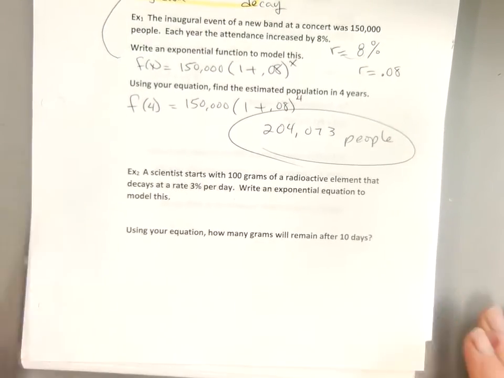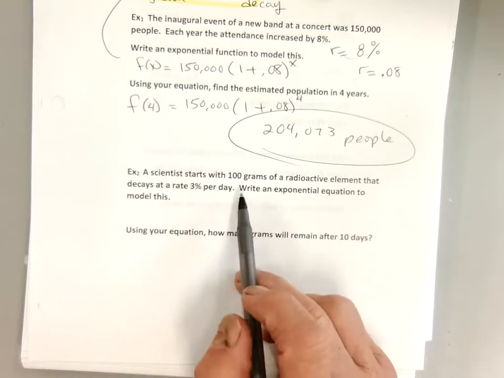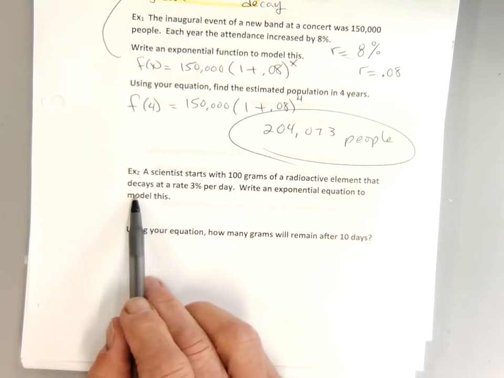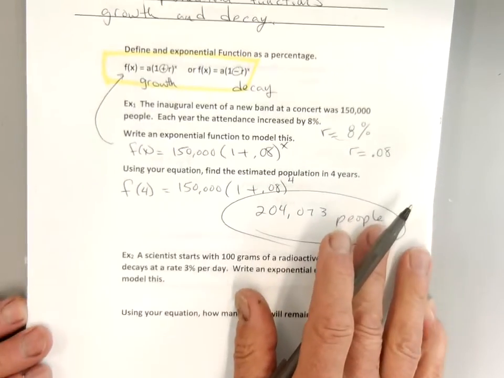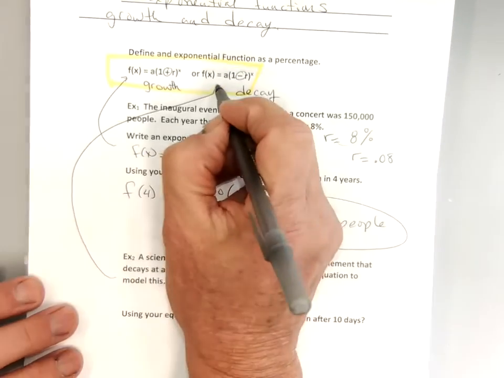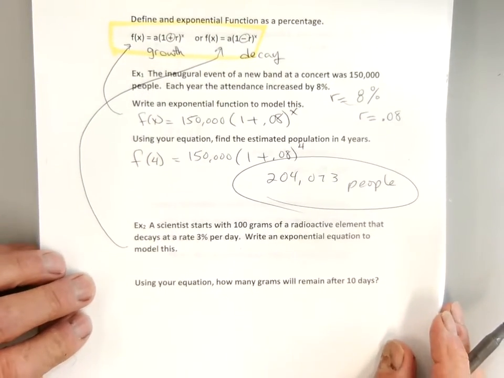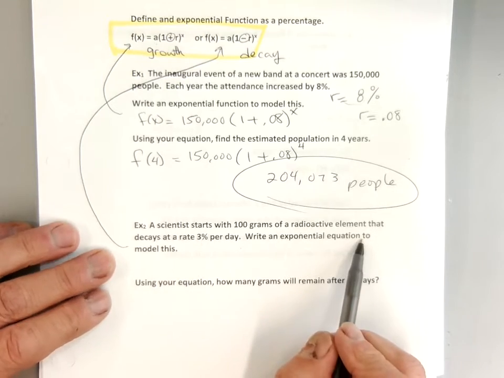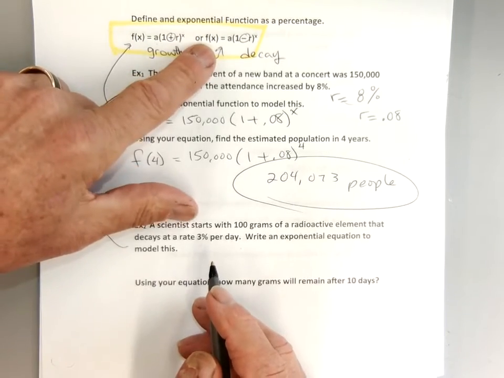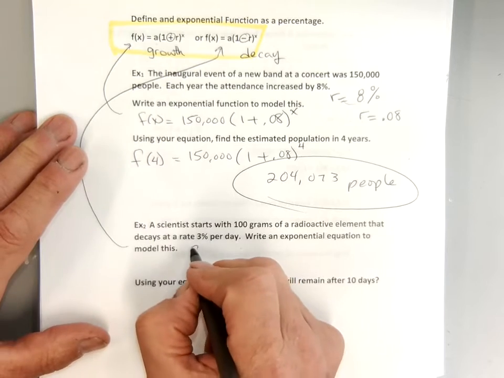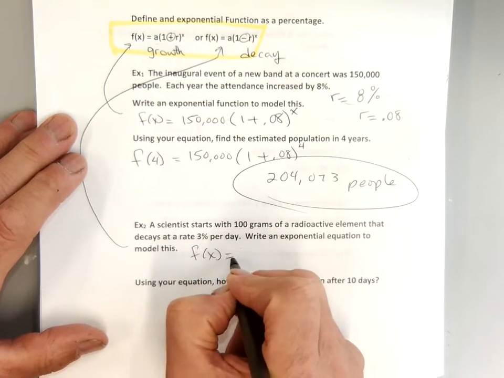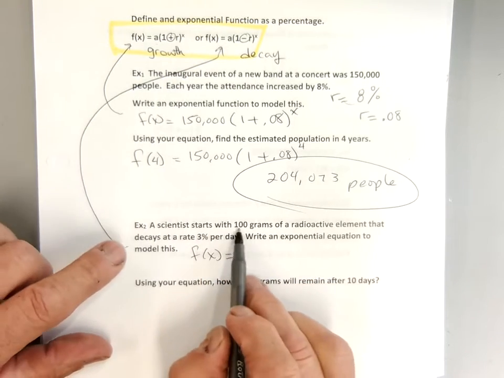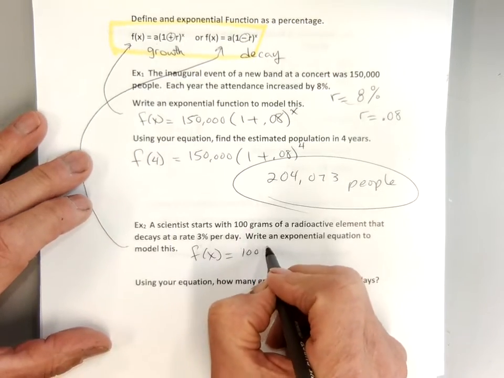Example 2. A scientist starts with 100 grams of a radioactive element that decays. Okay, it's decay, so I'm going to use that formula. It decays at a rate of 3% per day. Write an exponential function to model this. So I'm going to use this one here, decay. f of x equals A, the beginning amount, which is 100.